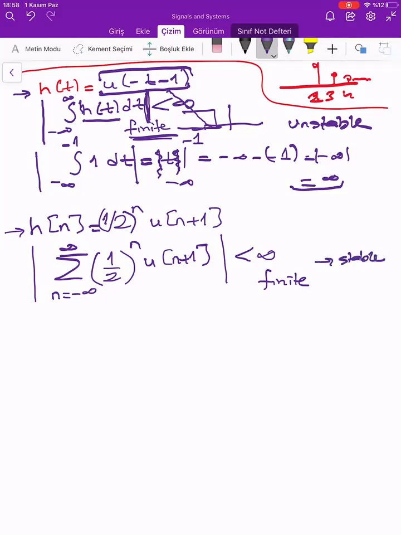If the absolute value of the summation is infinite, converging to infinity, it means it is unstable. Okay. Let me do the calculations here. So this one is from -1 to infinity, and I have 1/2 to the power n.